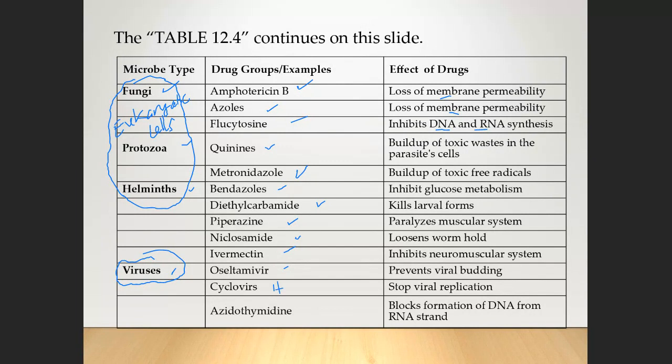This is mostly for herpes virus, for example. This is zidovudine, or AZT. This is mostly for HIV infection. So these are examples of drugs that are used for different types of infection.